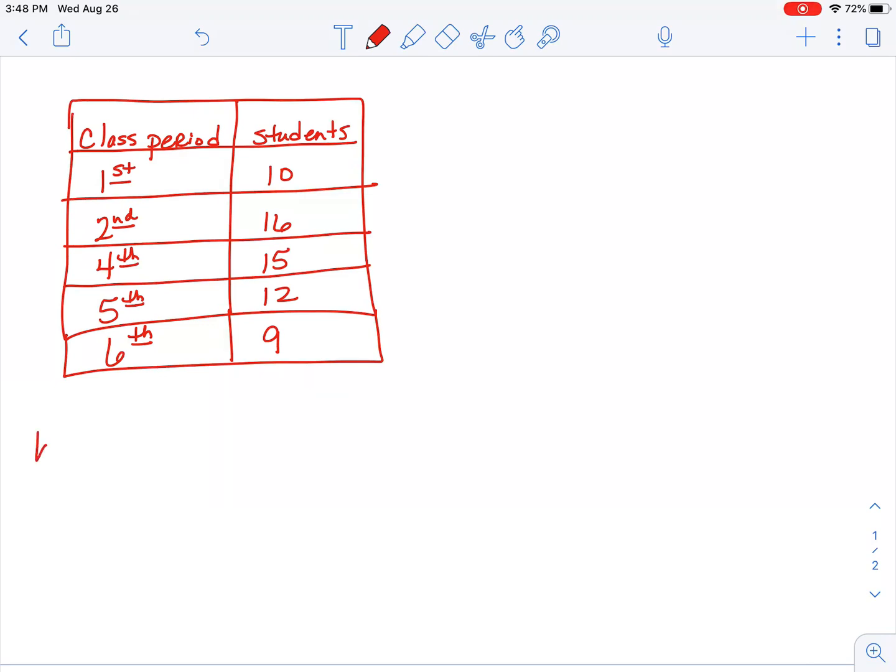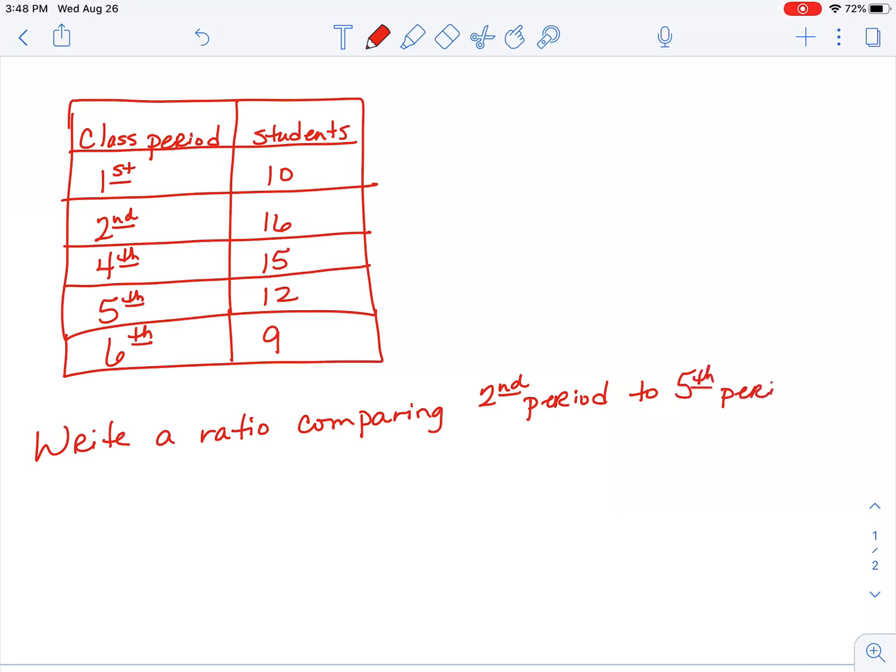So then if I said write a ratio comparing second period to fifth period. So second to fifth.